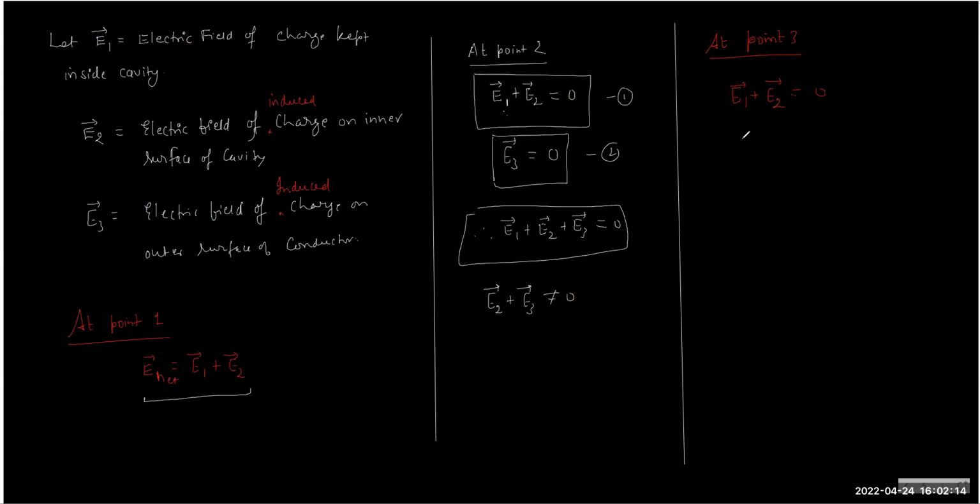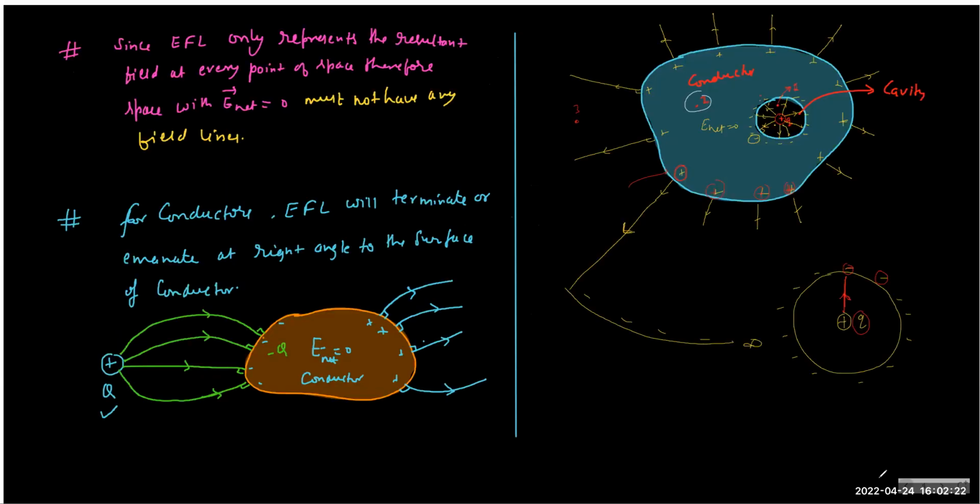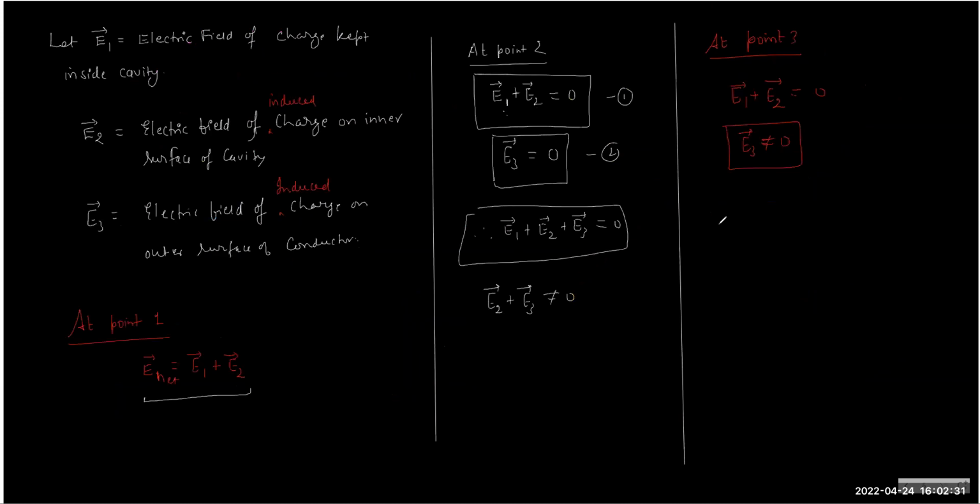But E3 will be non-zero. So definitely at 3, E3 will have the effect. At any point here, the electric field due to this charge is actually present. You can see, right? So the net field at 3 will be how much?